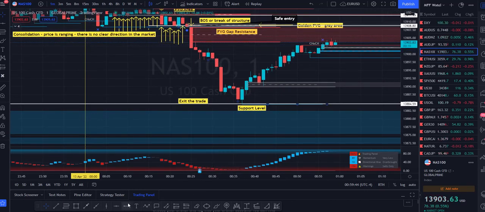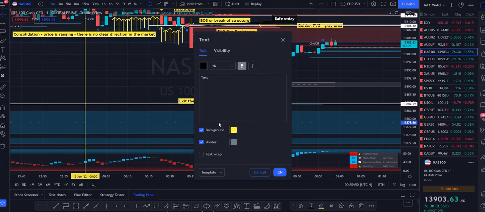These are strong support zones that were created in the past. So at this point in time, you're looking to get out of the trade. Support FVG zone, right?